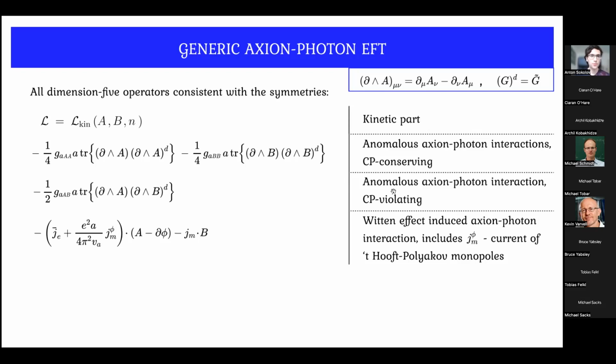Then we also wrote down all dimension 5 operators which involve the axion, which are also consistent with the axion discrete shift symmetry, which I outlined earlier. The result is written here. When we consider all possible operators, we get 4 different axion interactions with photons.